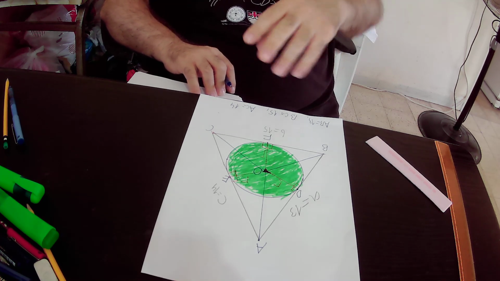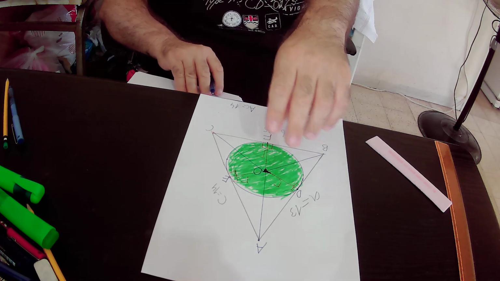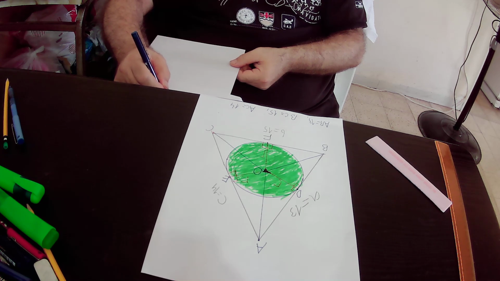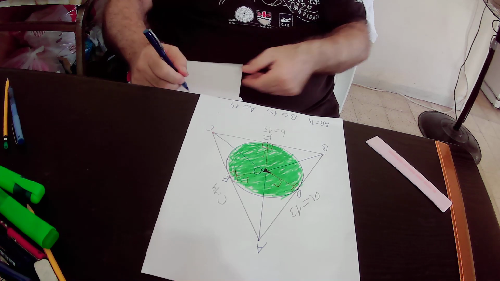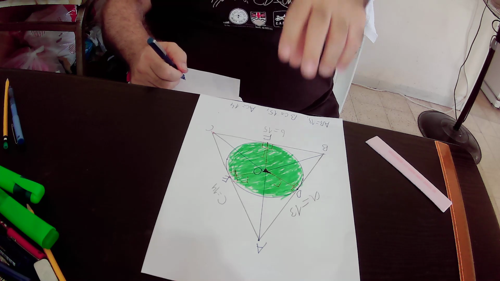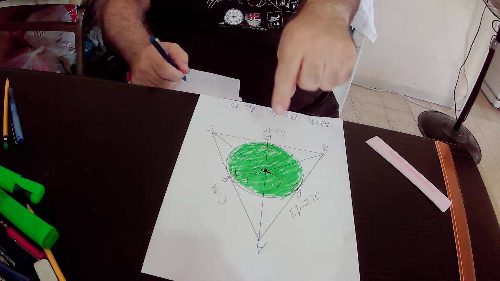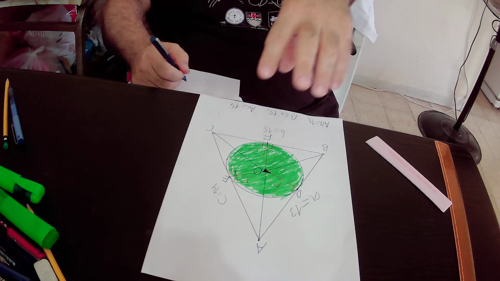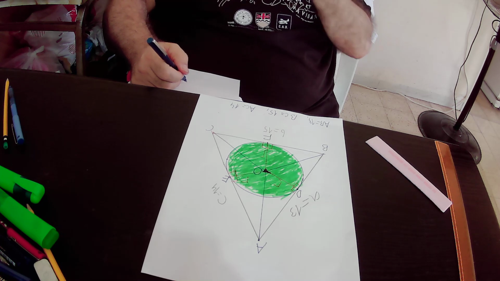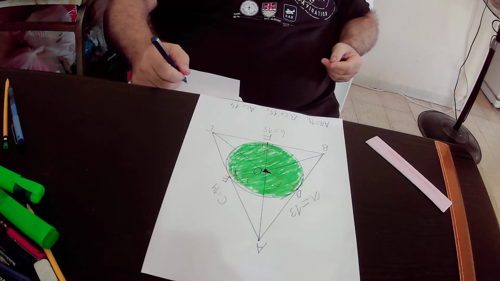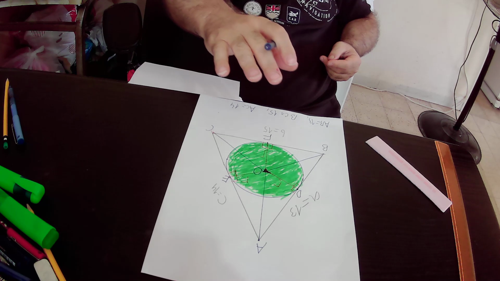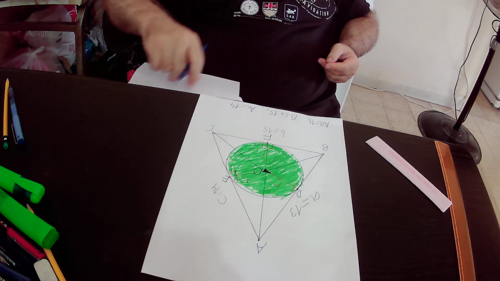We can divide triangle ABC into 3 small triangles, and we will create the equality that states that the sum of the areas of the 3 small triangles equals the area of the big triangle, that is triangle ABC, that equals 84 units. And the only missing variable that we will have in this equality is the radius of the green circle.